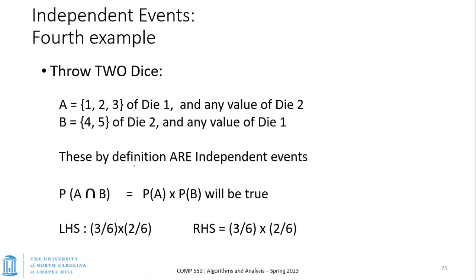And the probability of the intersection, the left-hand side and the right-hand side, can be matched as well, because this is simply the product of 3/6 times 2/6, and it's quite obvious that these are independent. All right. So independent events, mutually exclusive events, hopefully that is somewhat clear.